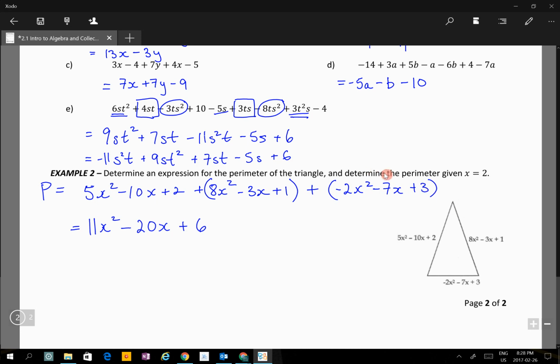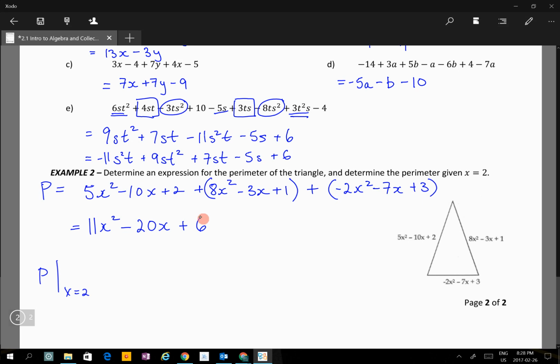Now I'm asked to find the perimeter given x equals 2. So what I have to do is replace my x, this variable, with 2, and I'll find my perimeter. So the perimeter at x equals 2 is equal to 11, replace x with 2, put it in brackets, so 2 squared, minus 20, replace x with 2, put it in brackets, plus 6.